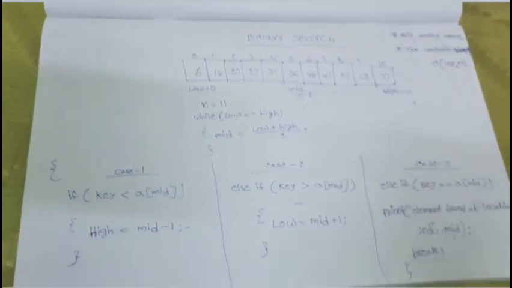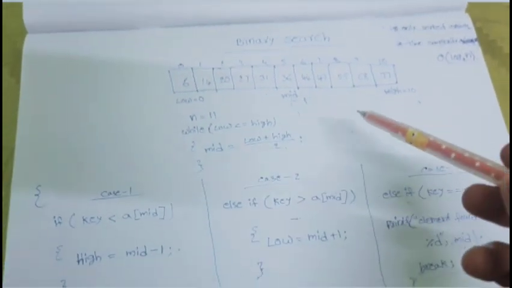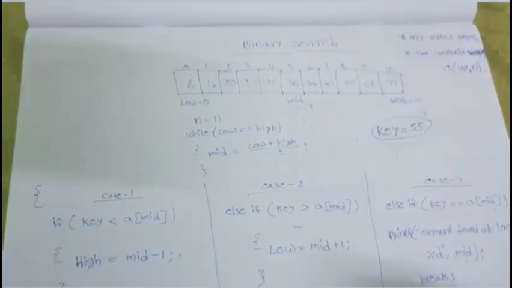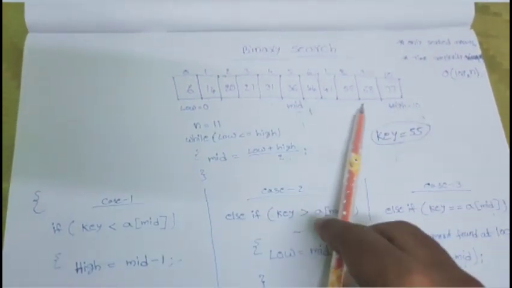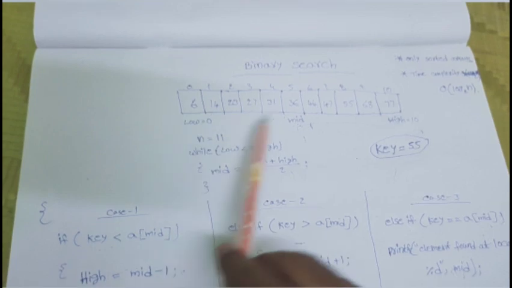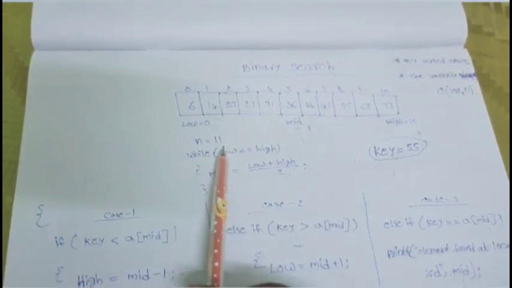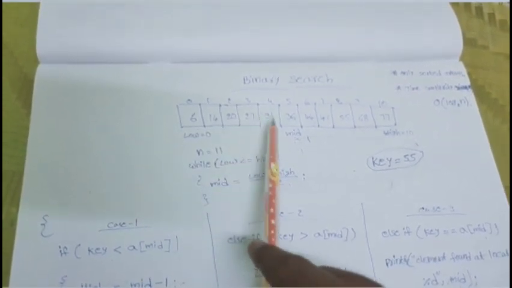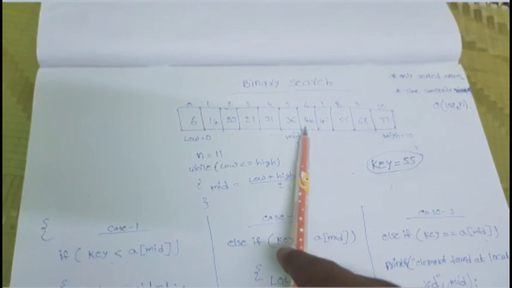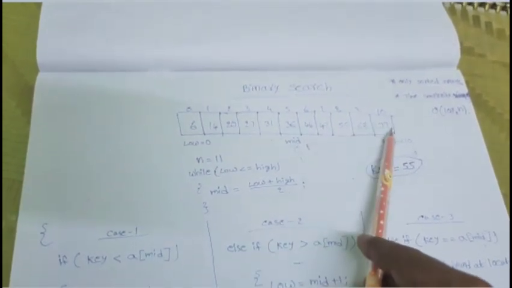Let us consider this example to understand the binary search. Let us consider this array where the size of the array is 11. Here we are taking some random elements 6, 14, 20, 27, 31, 36, 44, 47, 55, 68, 77.